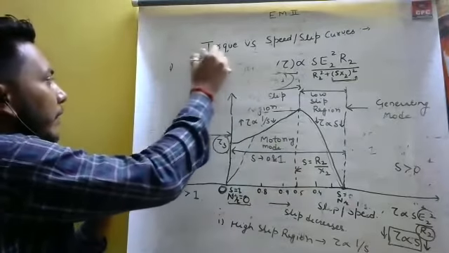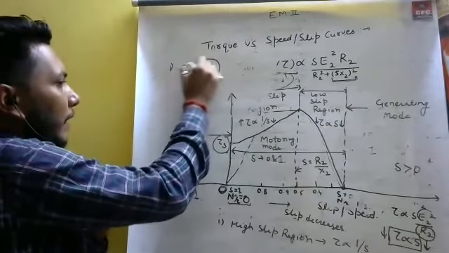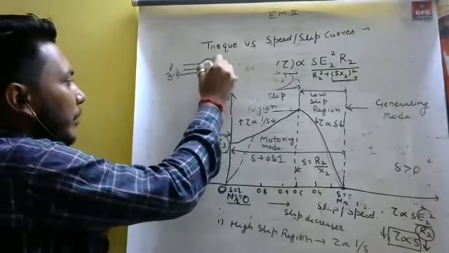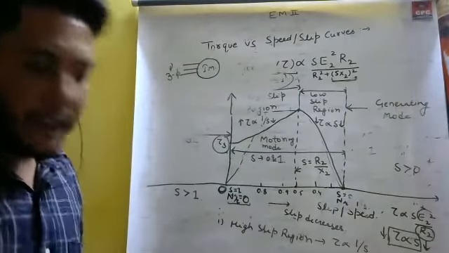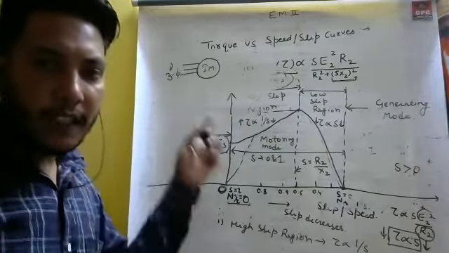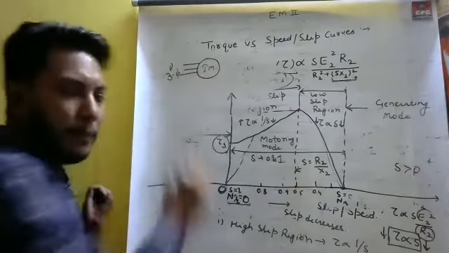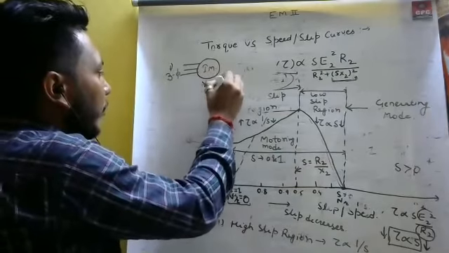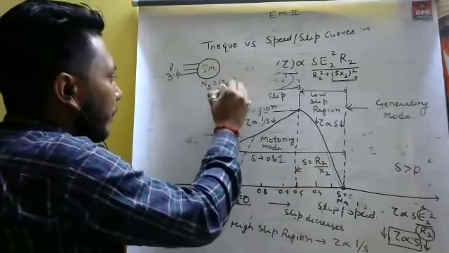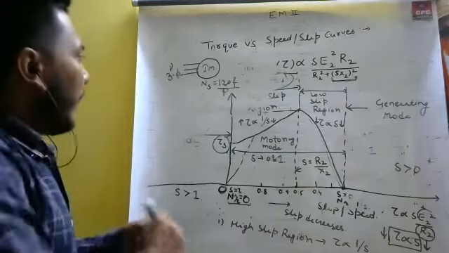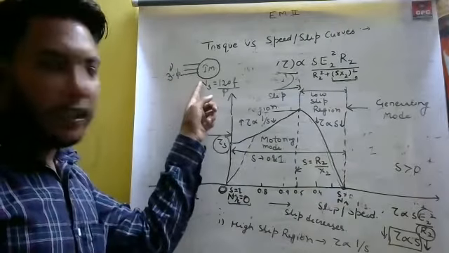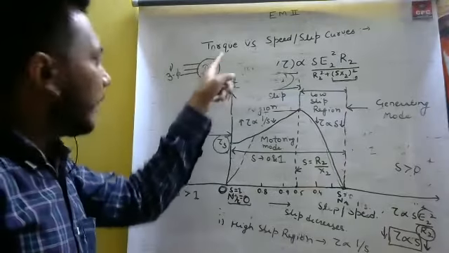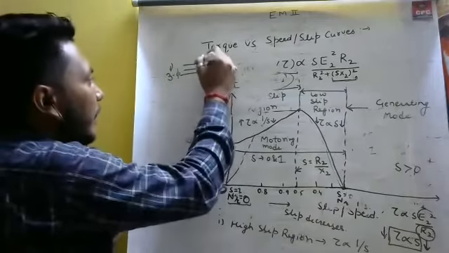As we know, when we give three-phase supply to the induction motor, a three-phase rotating magnetic field is produced, which rotates at a speed ns equal to 120 f upon P. When we give three-phase supply to the induction motor, there is a rotating magnetic field in the stator part.